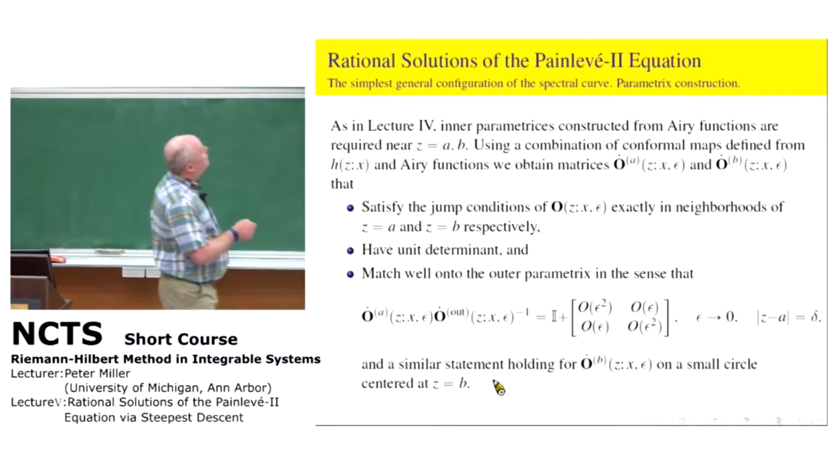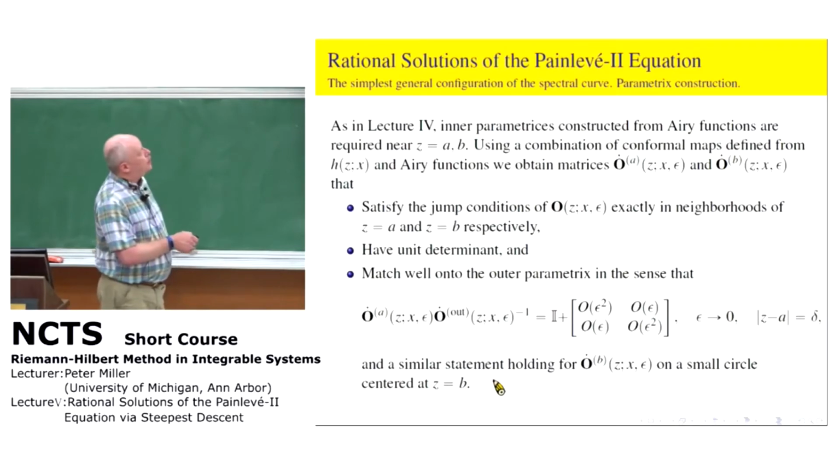So as in lecture 4, we have to use some kind of inner parametrices, and they are, just as before, constructed out of Airy functions, and those will be used in some neighborhoods of A and B. And so using a combination of some conformal maps that are defined from this function h near A and B and some Airy functions, we're going to get some matrices that we will call O dot A and O dot B. And these are designed to satisfy the jump conditions for O exactly in neighborhoods of A and B.